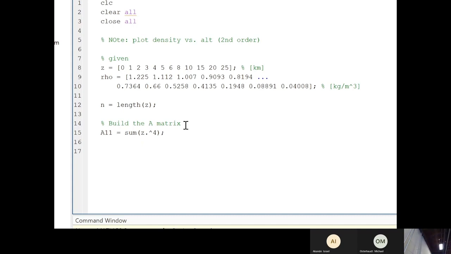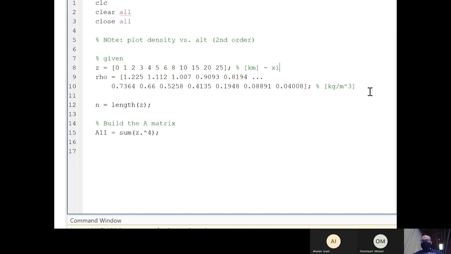So A11, I think, is the summation of xi squared, because we're going to plot rho versus z. Does everyone see that? So z is our xi, and this is our yi.